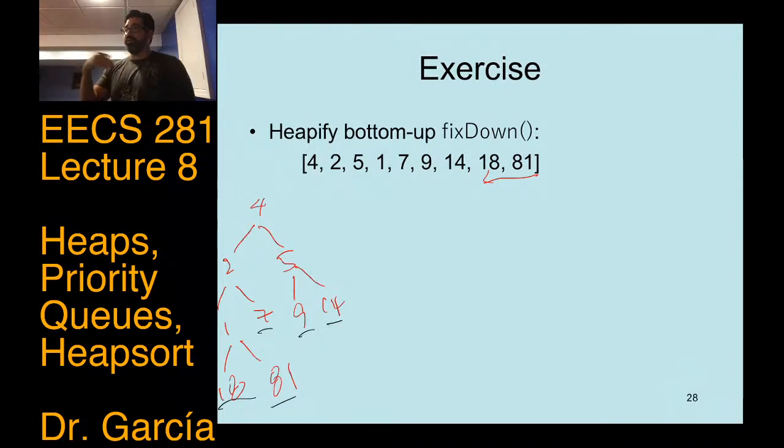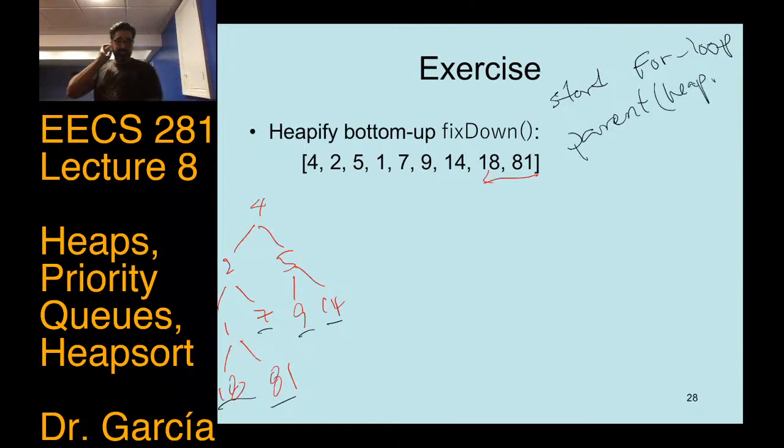But if, instead of writing pseudocode, you were actually writing an implementation, you would immediately jump. So you start the for loop at parent of heap size.